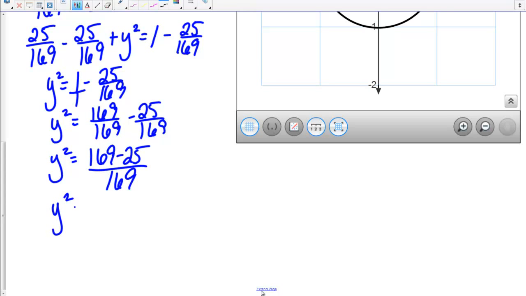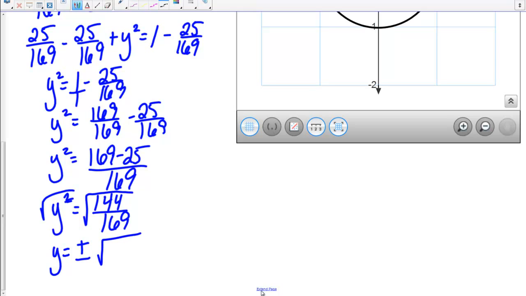So y squared is 144 over 169. We need to take the square root of both sides now to get rid of this squared. So y is what? Plus or minus the square root of 144 over 169.